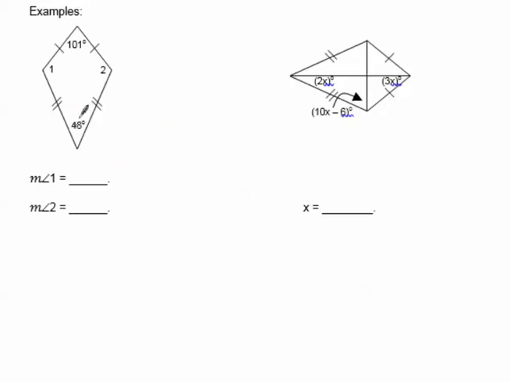All right, so it's still a quadrilateral, so the 4 interior angles add to 360. While we don't have the parallelogram properties with our kite, we do still have this main quadrilateral property.